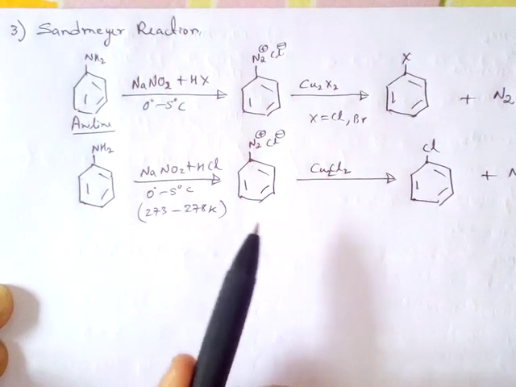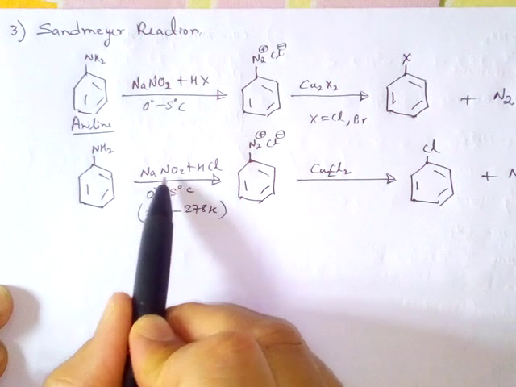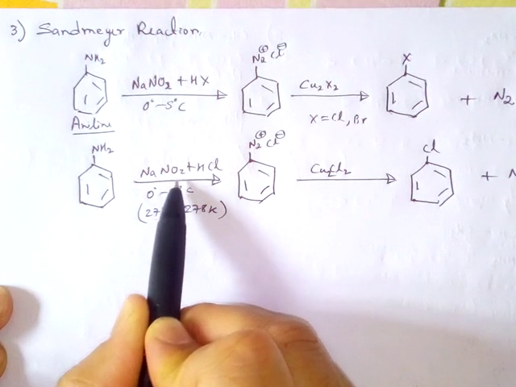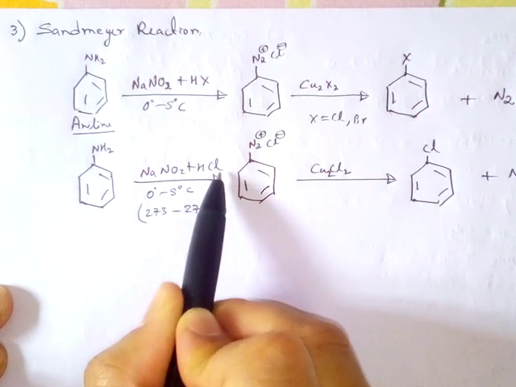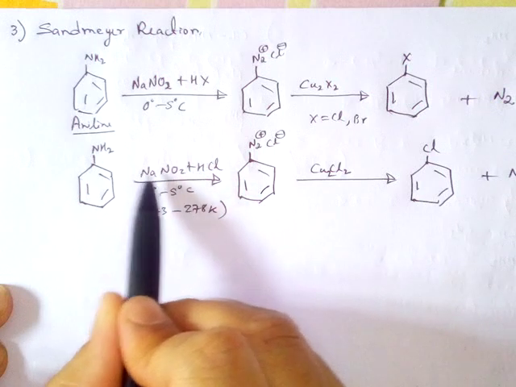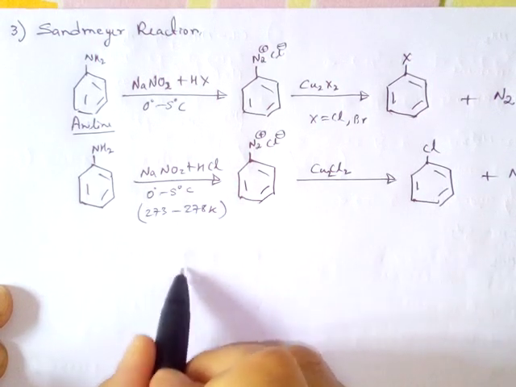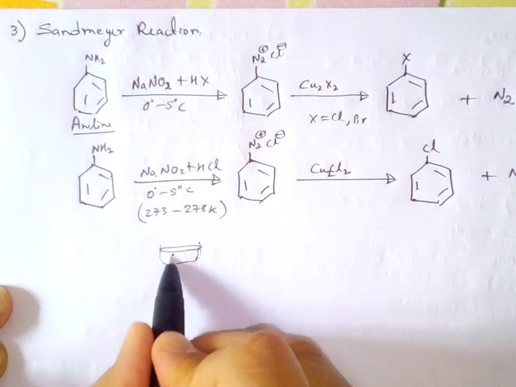The very important thing is that this is NaNO2, sodium nitrite, not the nitrate, it is nitrite. Nitrate is NO3, nitrite is NO2. So sodium nitrite plus HCl, you have to mix this and you have to dip the solution in an ice bath. We normally have one ice bath, a container containing some ice cubes.